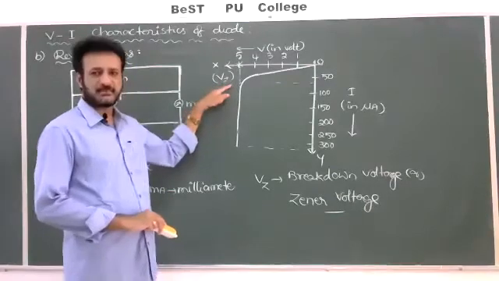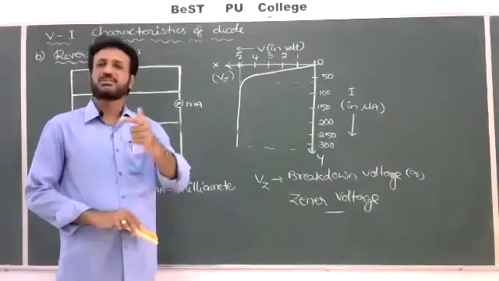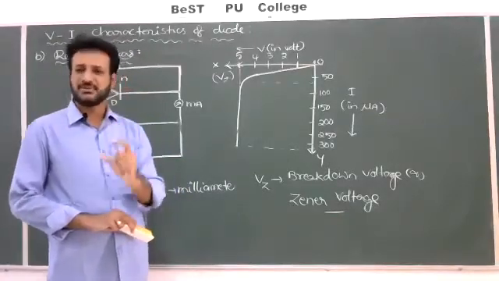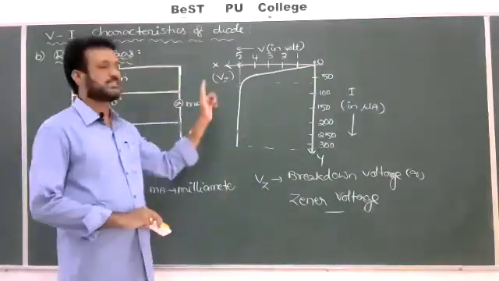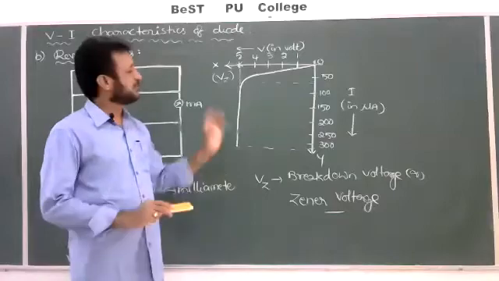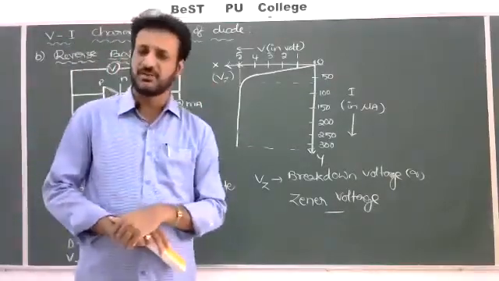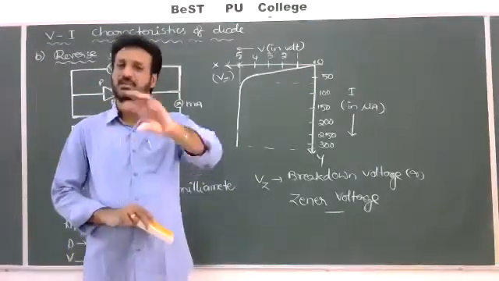Once breakdown takes place, even though you are not changing the applied voltage, the current sharply increases. So in the breakdown region, even though the current increases or decreases, the voltage remains constant. This is a peculiar property we can use, by giving a simple modification to the diode, as a voltage stabilizer or voltage regulator. We can control the voltage.